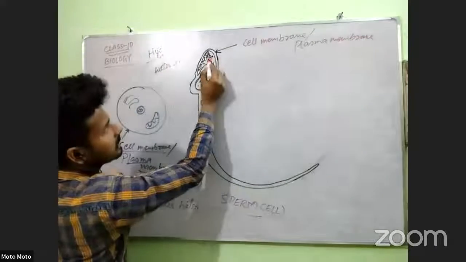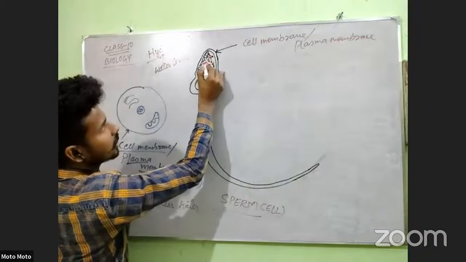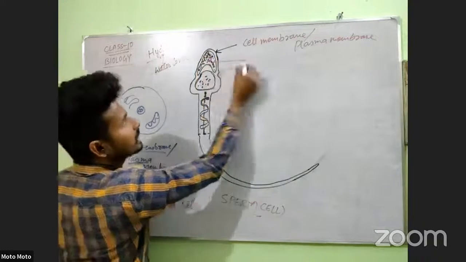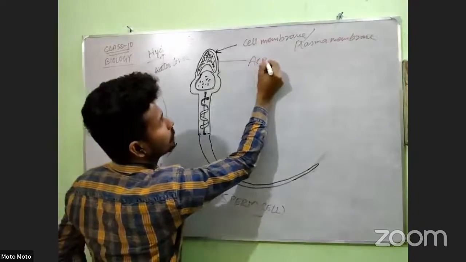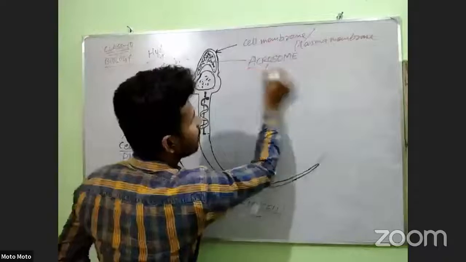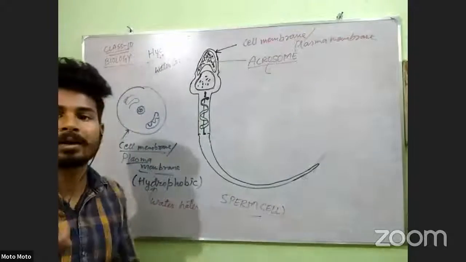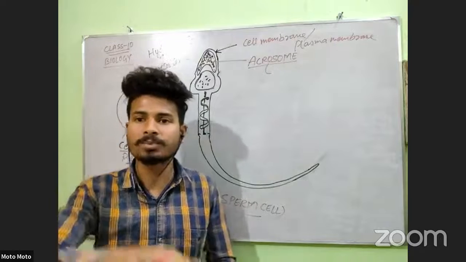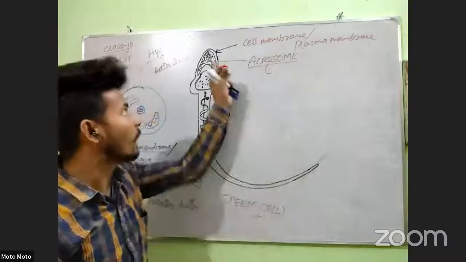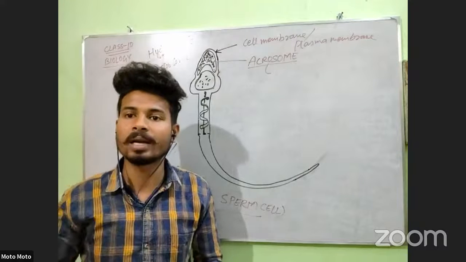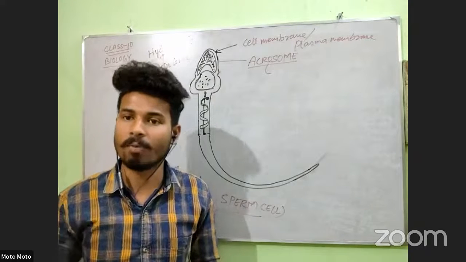And we can see here that some structure is made that carries some granules, and this structure is called the acrosome. It has the most important role during the fertilization process. Whenever the sperm meets the ovum, the acrosome penetrates the layers surrounding the ovum.